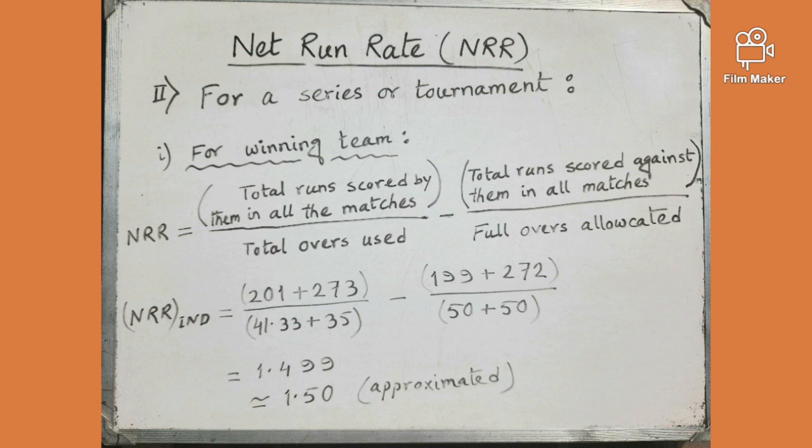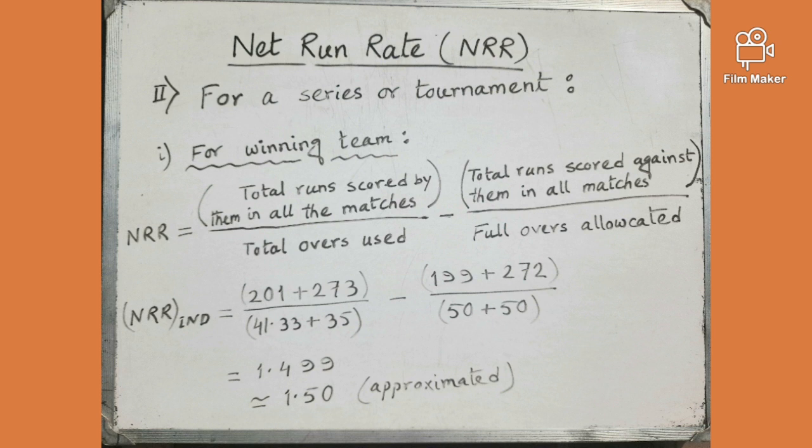Now let us put an example for India, who had scored 201 against Australia in 41.2 overs and 273 against Afghanistan in 35 overs, and the opposition scored 199 by Australia and 272 by Afghanistan.